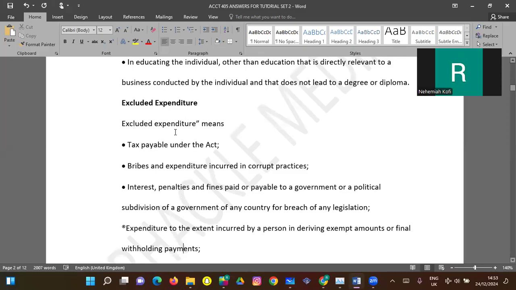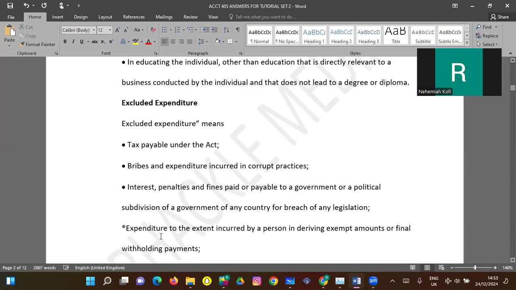Excluded expenditure. This means tax payable under the Act. Then bribes and expenditure incurred in corrupt practices are not allowable for deductions. Interest, penalties, or fines paid or payable to government or a political subdivision of a government of any country for breach of any legislation is not allowable for deduction.